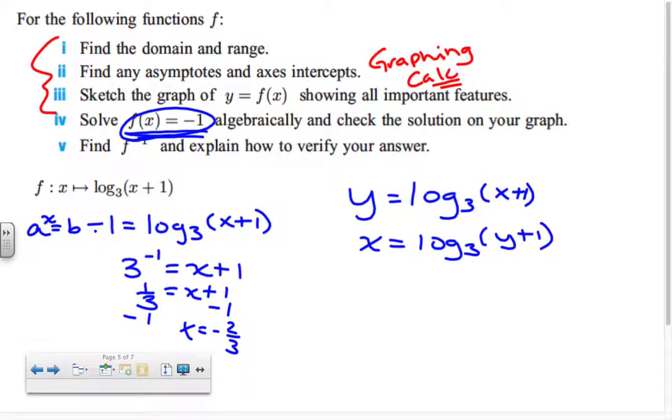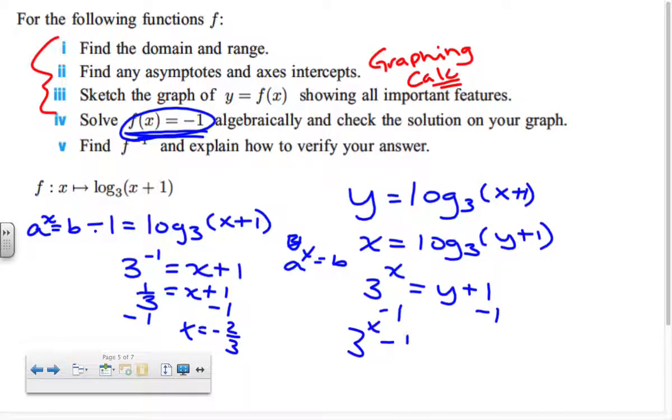Okay, I'm going to use my rule again, a to the x equals b. So it's 3 to the x equals y plus 1. Subtract 1 from both sides, and I have 3 to the x minus 1 equals y. There's my inverse. Okay. So these are the questions that your homework will ask.